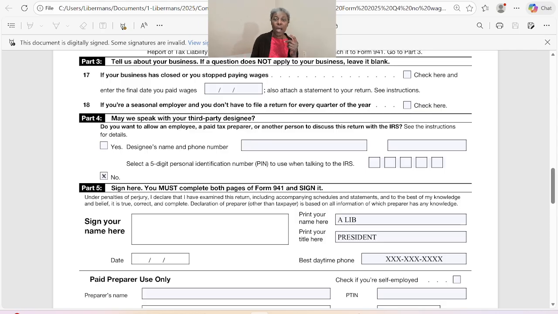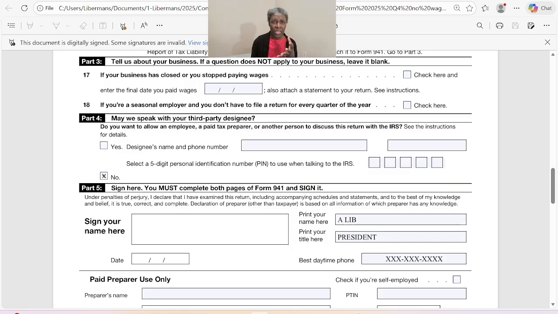So if you are the only person in your LLC, or your LLC is taxed as an S corp, which makes you an employee or officer of the business, and you didn't collect any payment, you don't need to check this because you have a $0 return to file. You can just leave it blank.